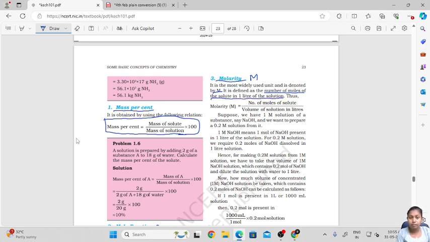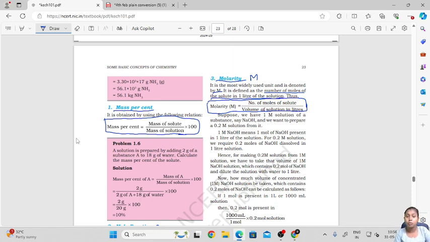When it is present in 1 liter of solution, it is molarity. So the formula is molarity equals number of moles of solute divided by volume of solution in liters. So this is the formula for molarity.